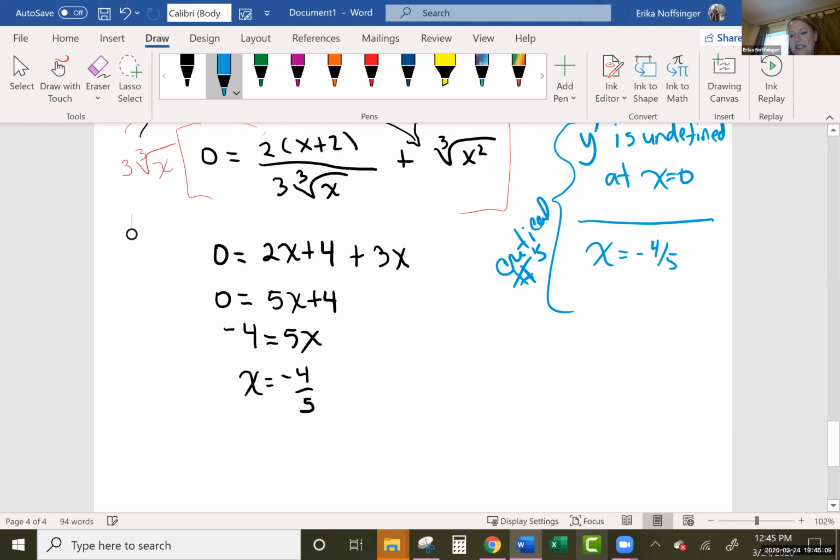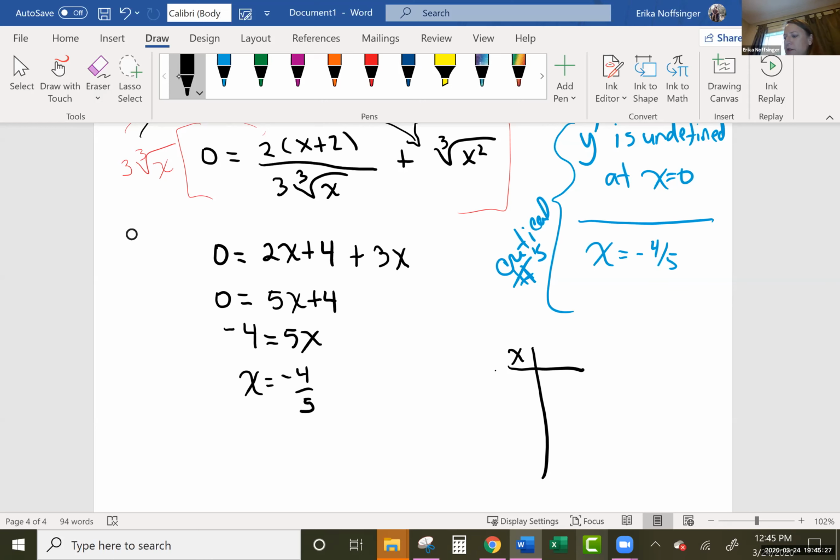I'm used to teaching you where it is increasing and decreasing first before we do this, but we haven't done that. So we're going to plug these back into our original function to see what type of value we get.